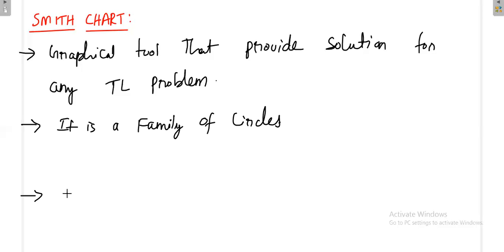Because at any point in the Smith chart, we can denote our impedance as R plus jX. We have a real part as well as an imaginary part, so to denote this Z on the Smith chart, you need two parameters: one to denote the real part, another to denote the imaginary part.